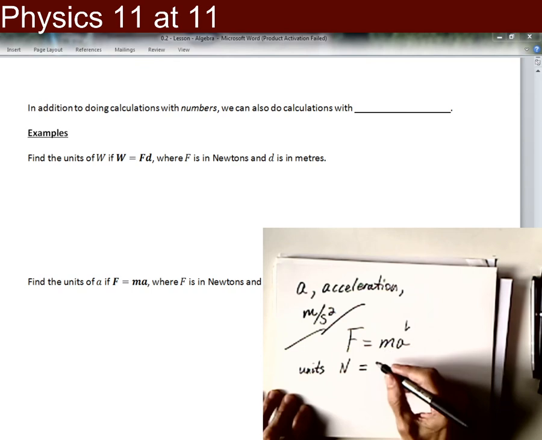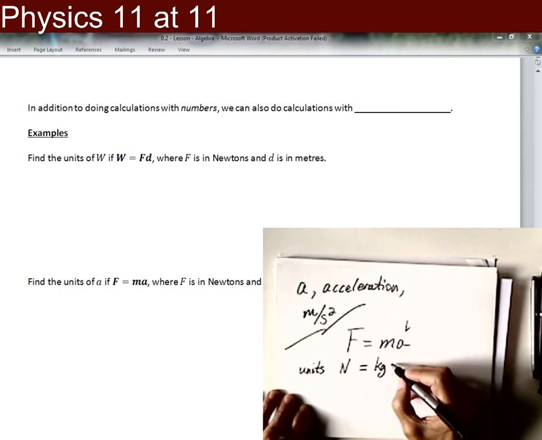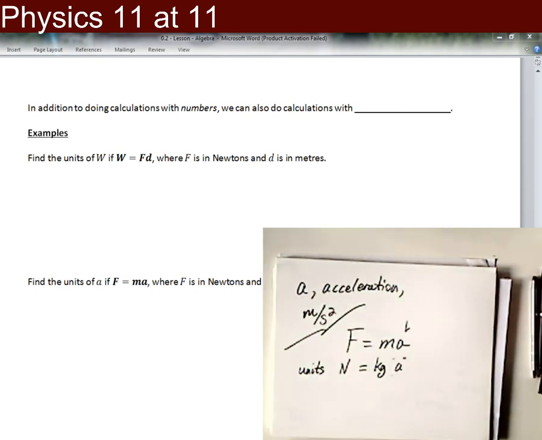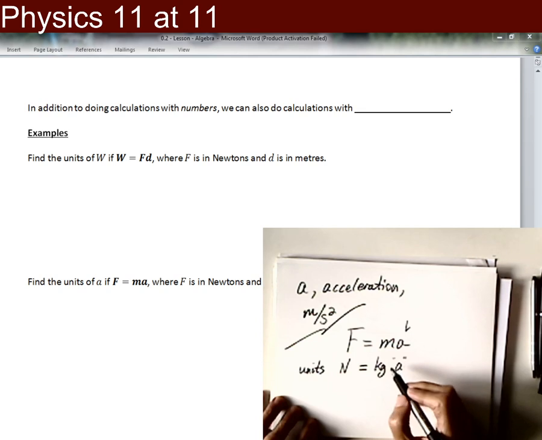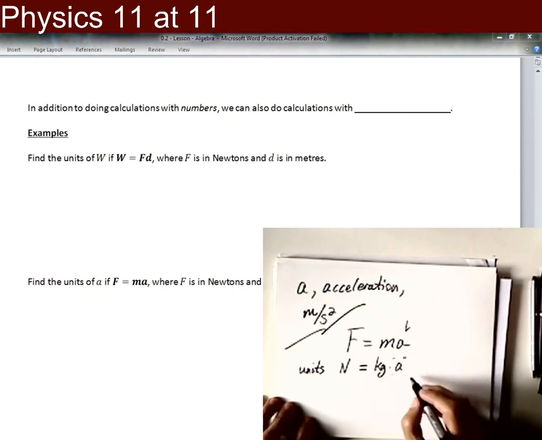Units for mass, kilograms. And A is what we're going for. As is described up here, these units, variables, they work the same as numbers. So we have kilograms times A. We want to eliminate this, get rid of it.